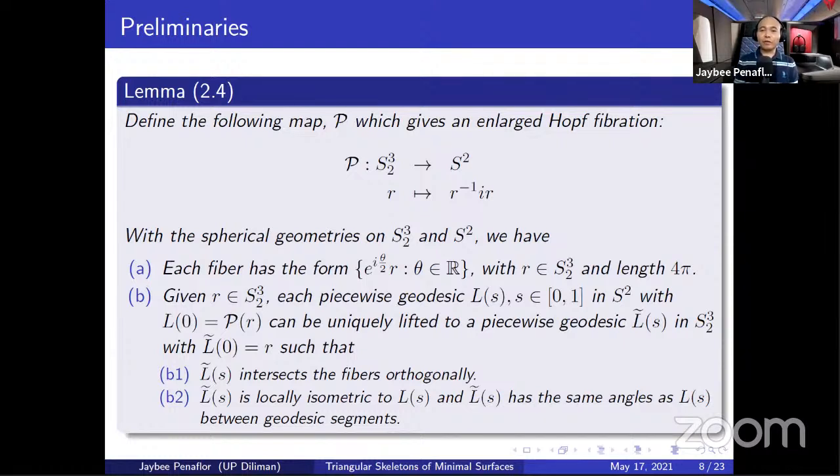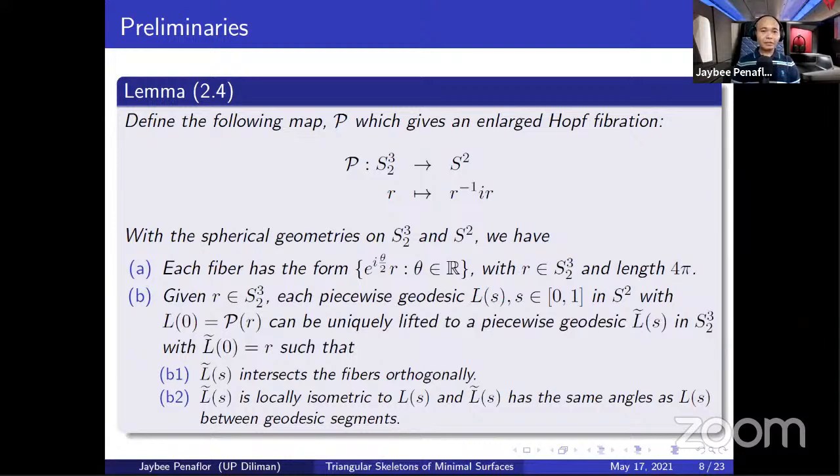And it has a length 4 pi. It's very clear because every fiber in a Hopf fibration is a circle. And because the fibration is on S32, which has a radius 2, that circle has a length 4 pi.